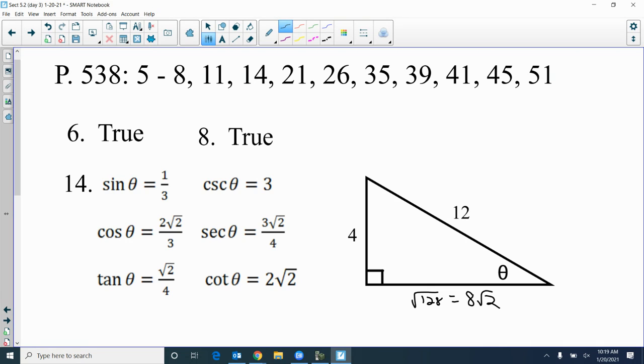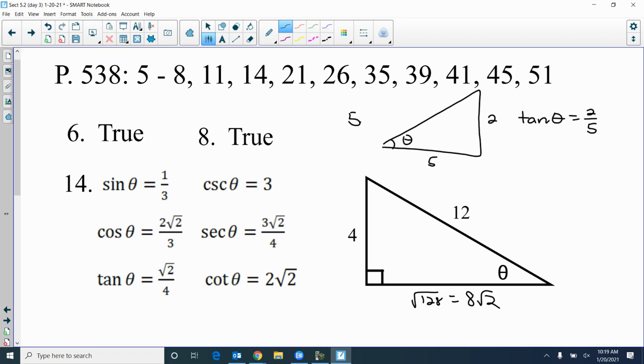Now, number 5, if I remember right, says if the tangent of theta equals 2/5, then the side across from the angle is always equal to 2. It can be 2, but it doesn't have to be 2, because that is just a ratio that has been reduced.